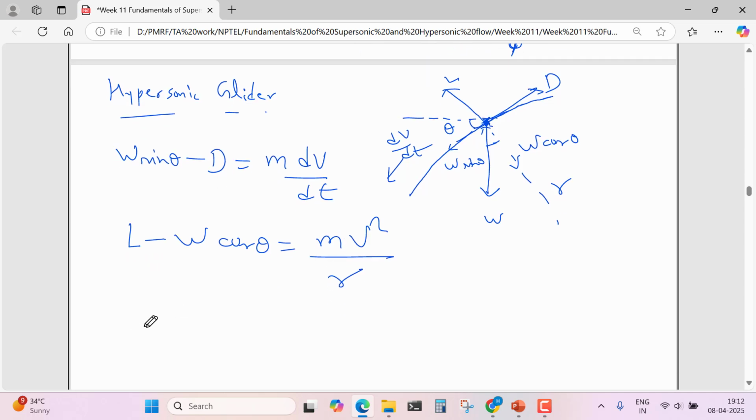And as it is gliding, we can assume that theta is very small. So we can write sin theta approximately as 0 and cos theta as 1.